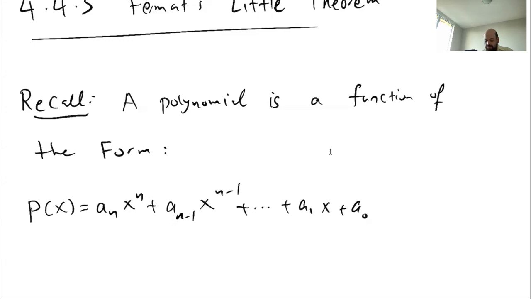And now I want to consider a polynomial, let's say P of X, whose coefficients are chosen from Z5. Coefficient from Z5 means either 0 or 1 or 2 or 3 or 4. But please remember that the first coefficient, the leading coefficient, is not allowed to be 0, right?